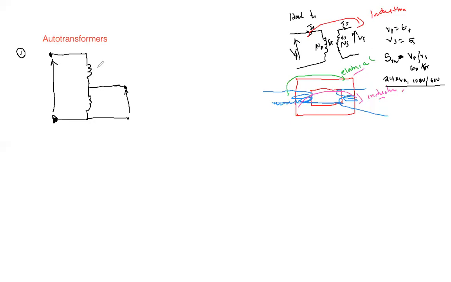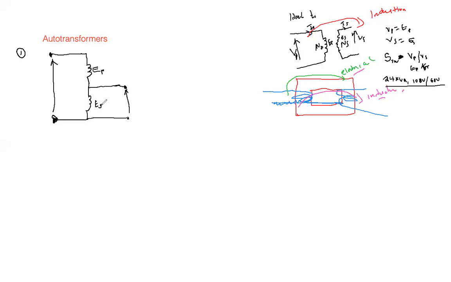If I say this is a winding that was on the primary side of the two-winding transformer, then this becomes EP. And if I say that this is a winding that was on the secondary side of the two-winding transformer, this becomes ES.